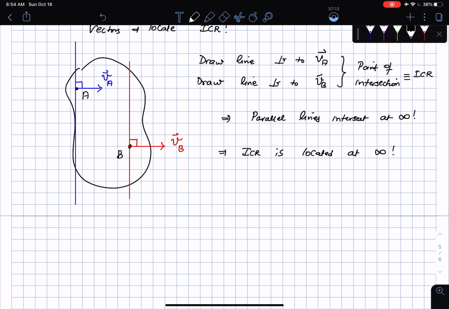That's very weird, right? It tells me that the distance from point A to the ICR is infinite, and the distance from point B to the ICR is also infinite.